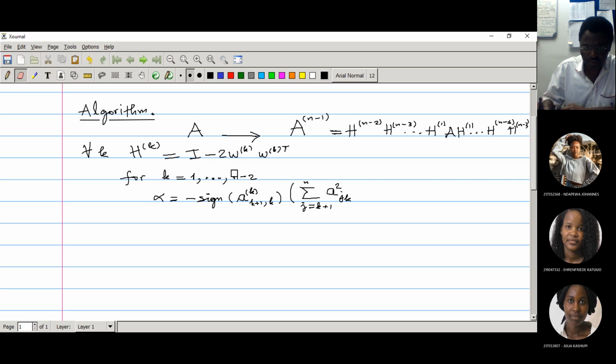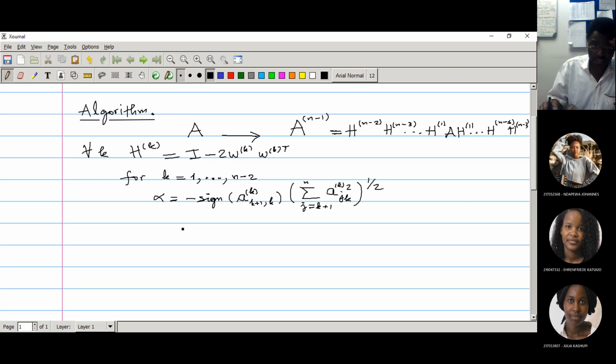Let me erase this to indicate that it's A k squared, because each entry here is denoted with a k. Square. And then we take the square root of that entry.